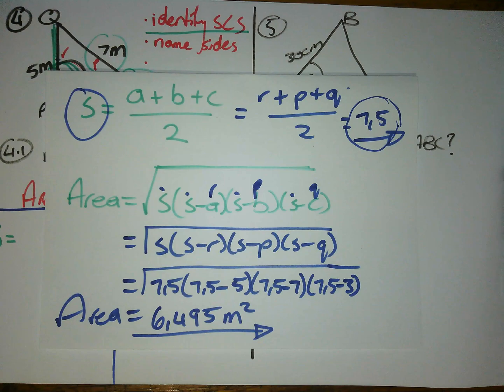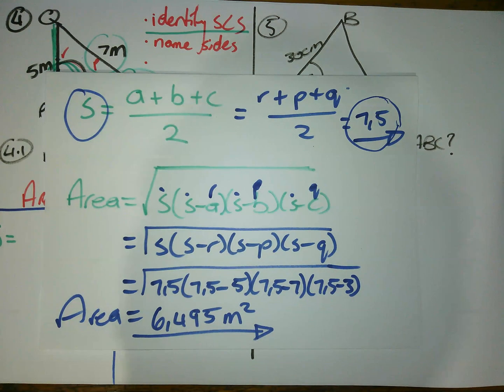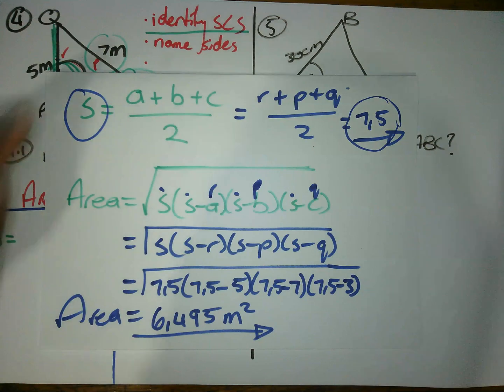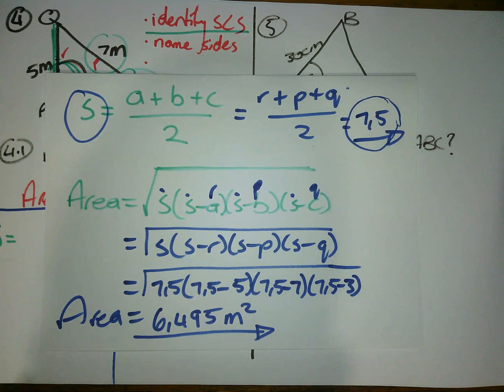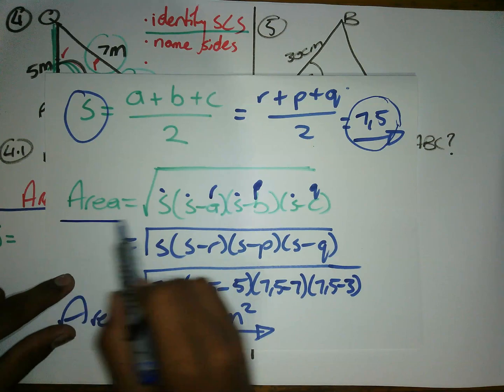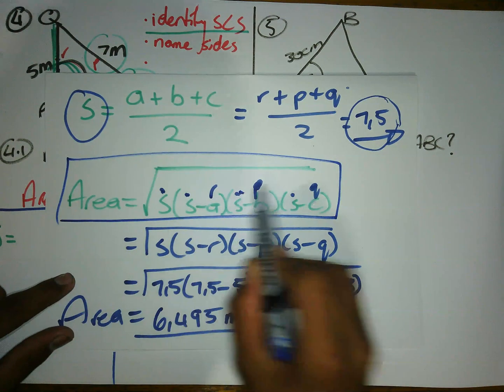But yeah, let's say this is our S constant of our triangle. Every triangle is different, right? We all know this. You will most likely never get the same triangle. So this is our S constant that we must calculate. Then we put our S into our formula.